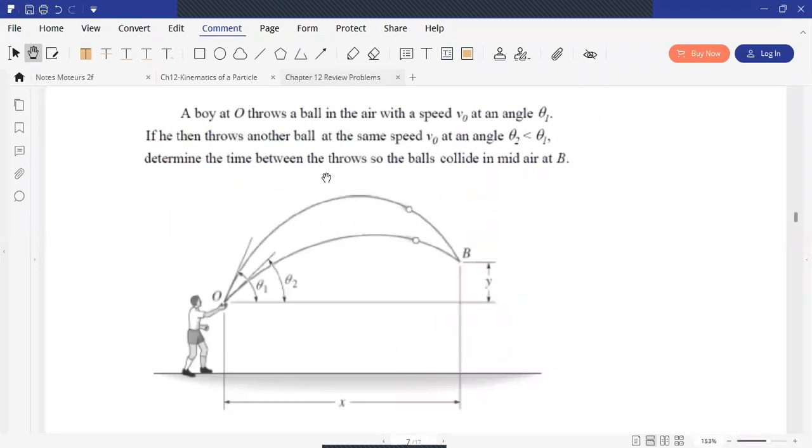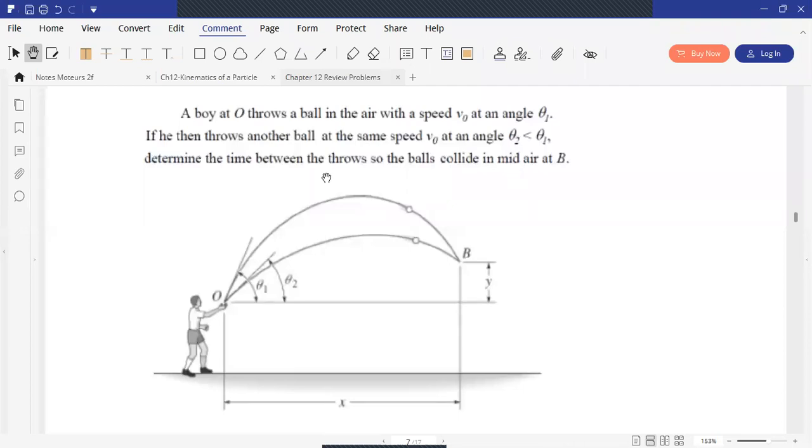So what we have here, we have two balls that are launched at different times and at different angles. What we want to find is the elapsed time delta t between throwing A and throwing B if we know that the two particles will collide at B.